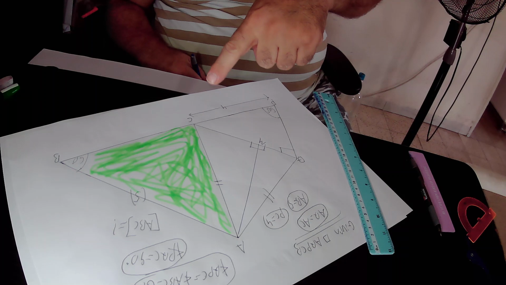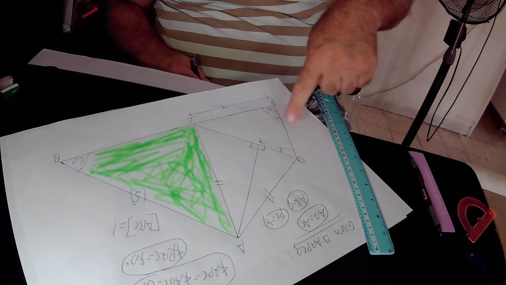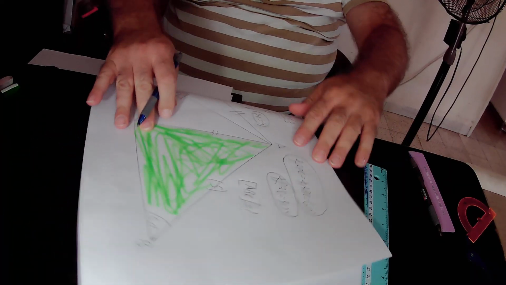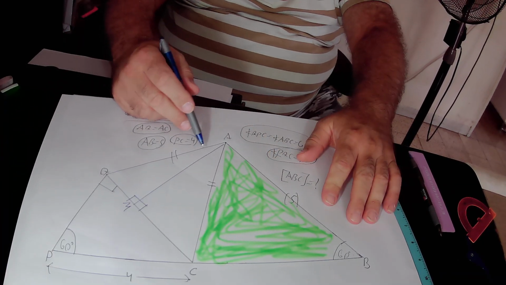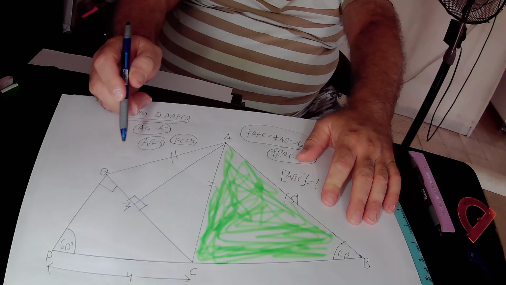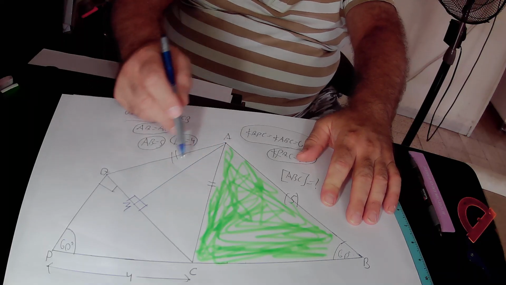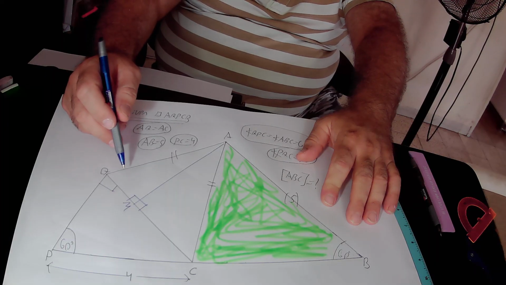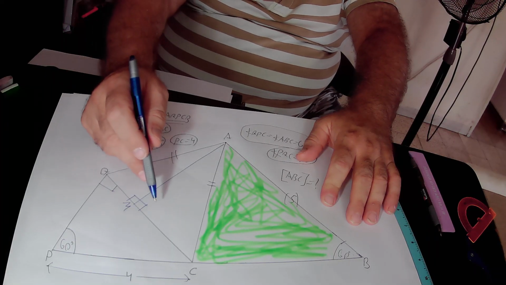So in triangle AQC, according to the rule that I mentioned, the perpendicular AM bisects the base QC. That is to say, QM equals MC.